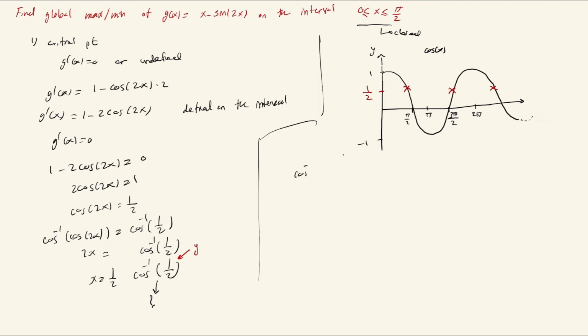So that's going to be at pi over 3, and then 5 pi over 3, and so on. However, our interval is only going from 0 to pi over 2. Therefore, the only point included is pi over 3.